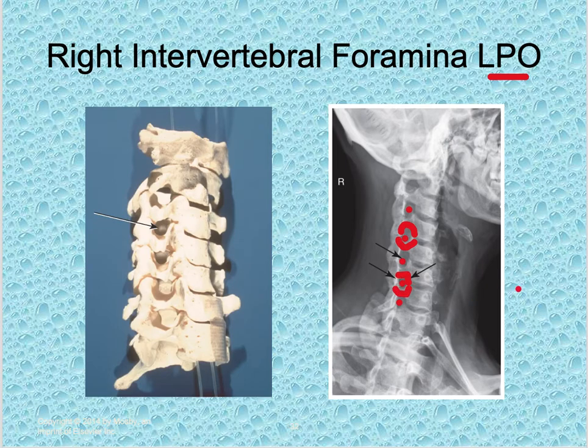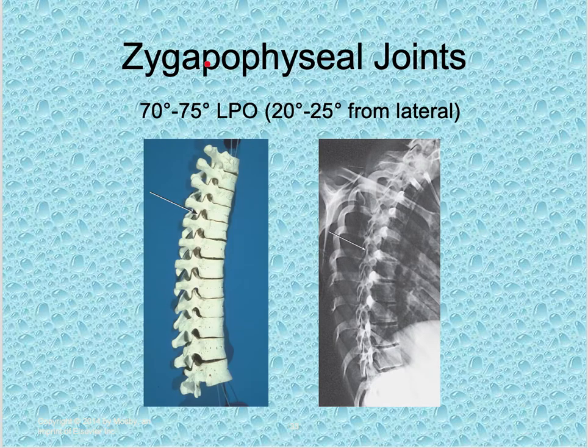That's going to make that intervertebral foramen. Zygapophyseal joints on a T-spine in an oblique position. The oblique position is where you're going to see those zygapophyseal joints on a T-spine.